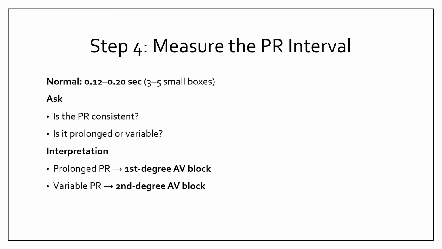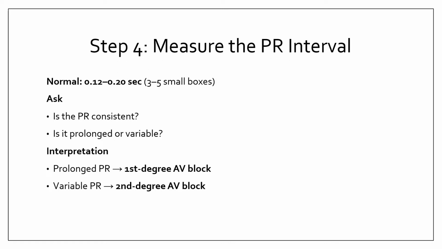So ask yourself, is the PR interval consistent? Are we measuring the PR interval on multiple beats, not just one, to look for that consistency? In normal conduction, the PR interval should be within range and the same length from beat to beat. And consistency is going to tell us that the AV node is behaving predictably. You also want to ask yourself, is the PR prolonged or is it variable?